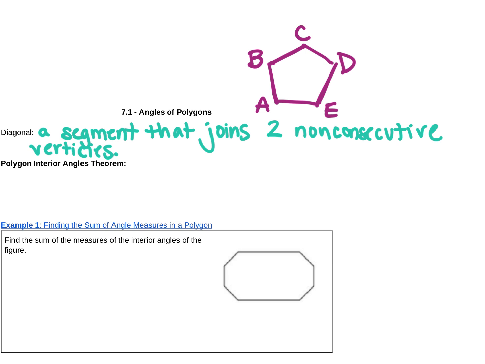Pentagon, right? The diagonals of this pentagon would go from B to D or B to E. They're not one after the other. So B and C make an edge of the polygon, not a diagonal. So those two would be diagonals.